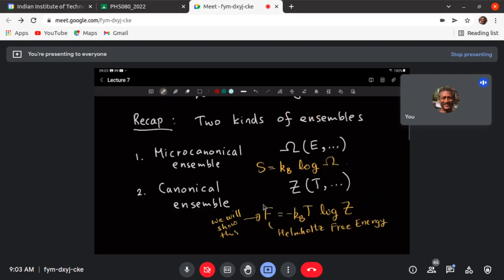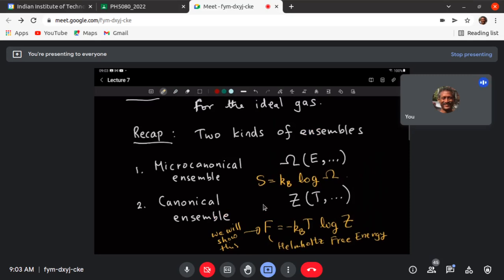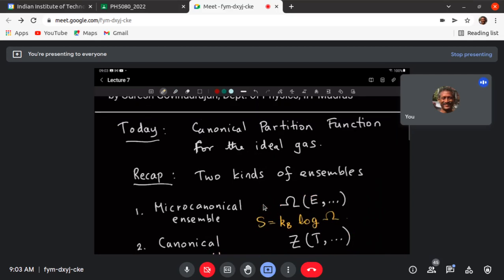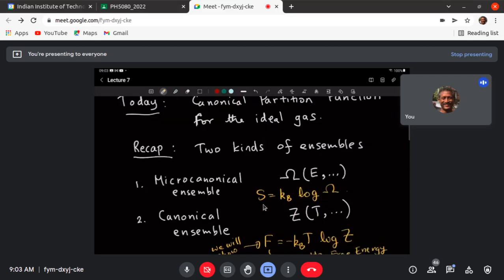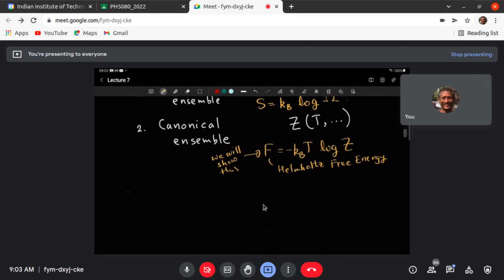But today we have something much simpler to do, which is to compute the partition function for a particular example. But we will see that there are interesting things that happen even in this example.